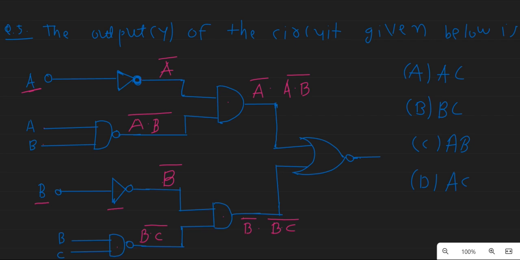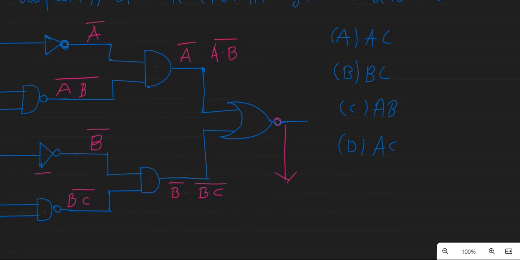This is our NOR gate, so output at this point, I write here because there is no space there. So output at this point will be A bar and A dot B bar. Since this is a NOR gate, here will be plus B bar and B dot C bar, and whole in bar.